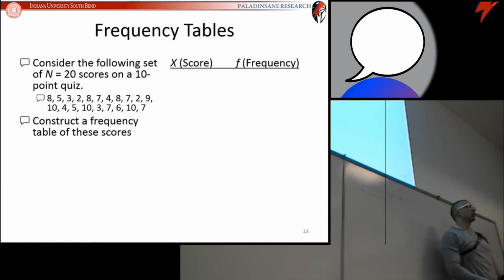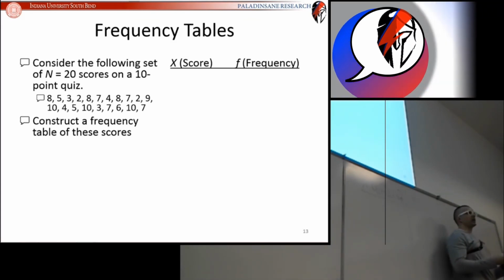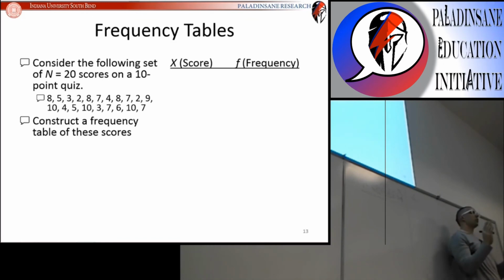Don't get in the habit of reading X as the scores when you encounter it in a frequency table. In a frequency table, it's special. It's the possible scores. I'll show you why that is important in just a moment.